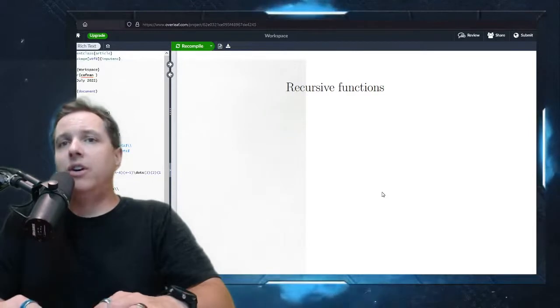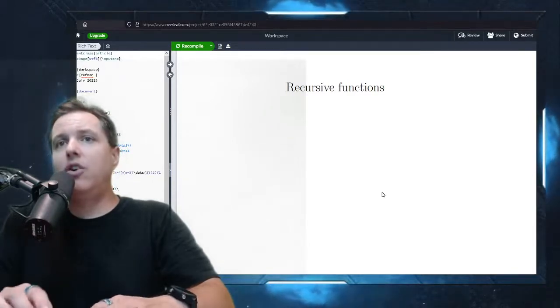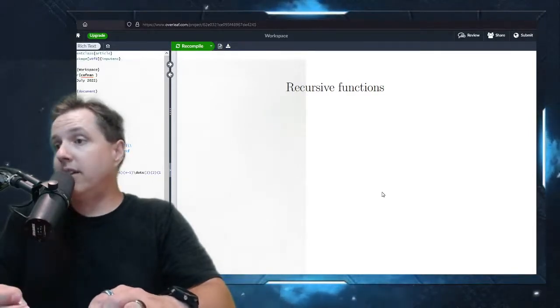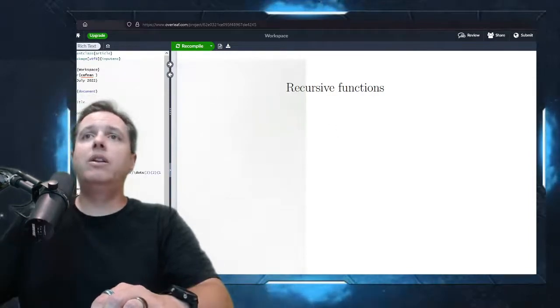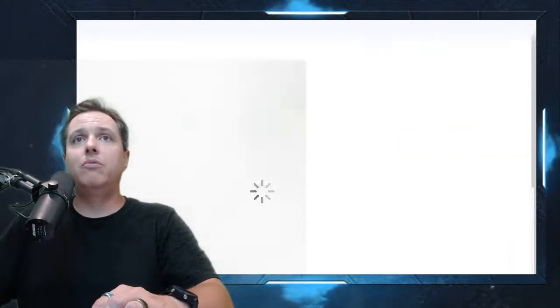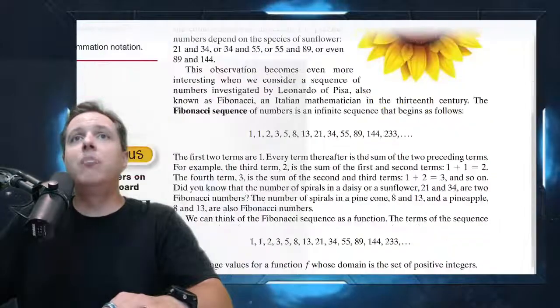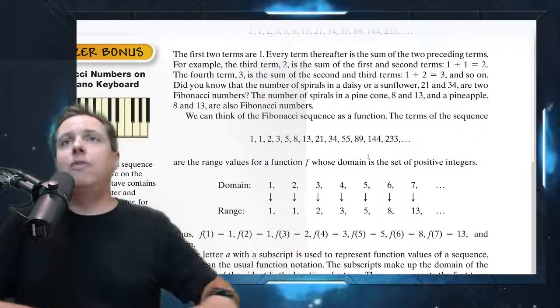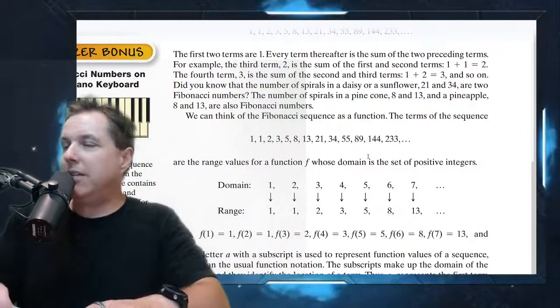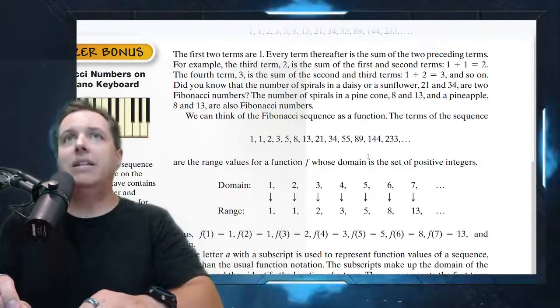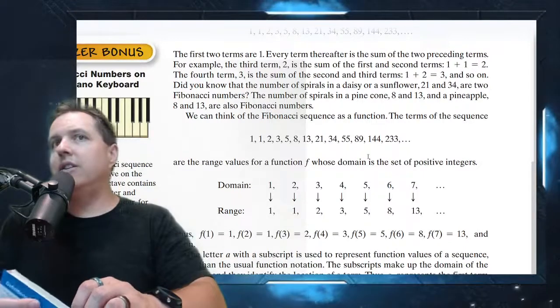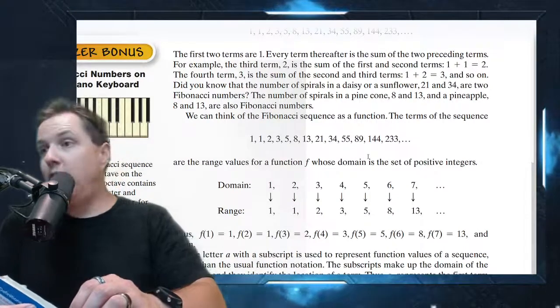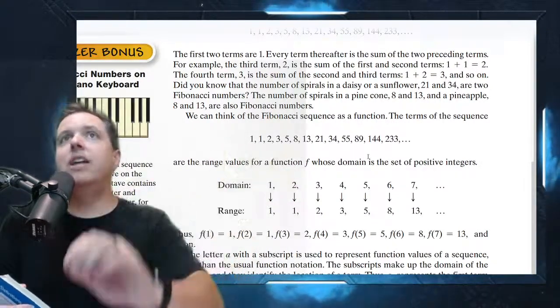So a recursive function is a function that's based on the terms that came before it. So the most famous one is the Fibonacci sequence, right? The Fibonacci sequence is very famous because it comes up in a number of places. It's associated to the golden ratio, which comes up in a lot of different scenarios.